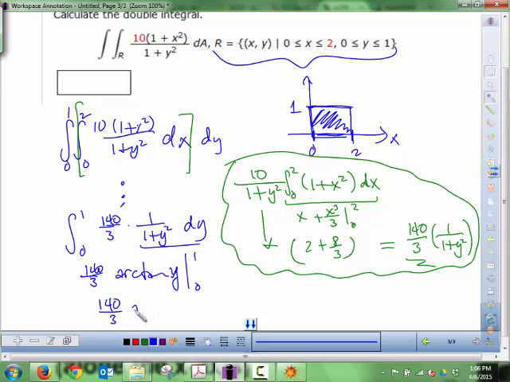You know what the arctan of 1 is? So 140 over 3 pi over 4. I suppose that would cancel 70, 35.